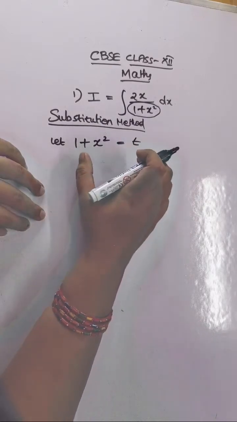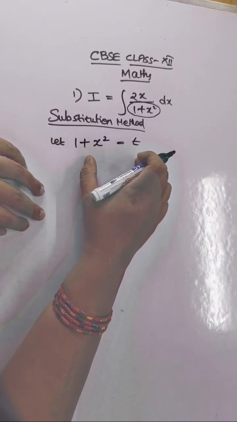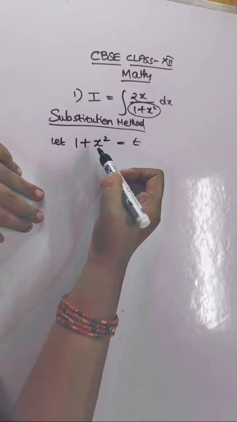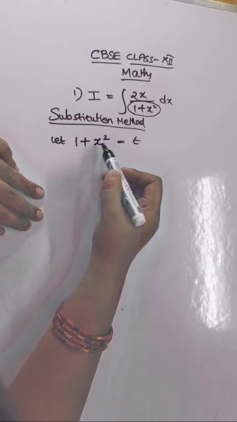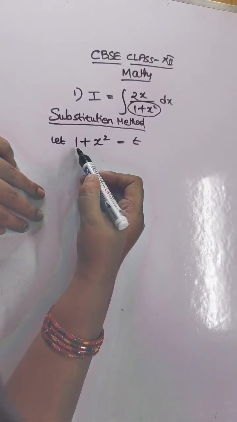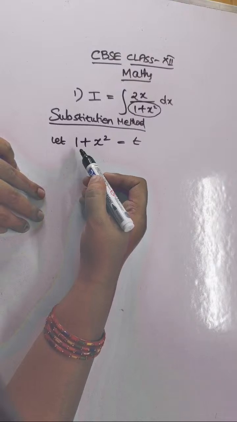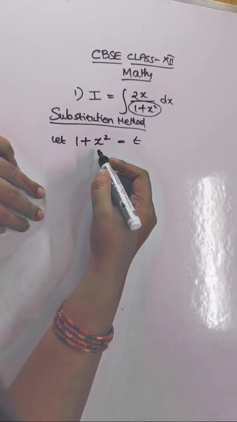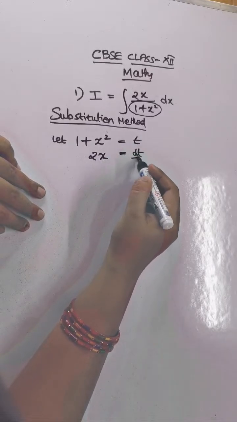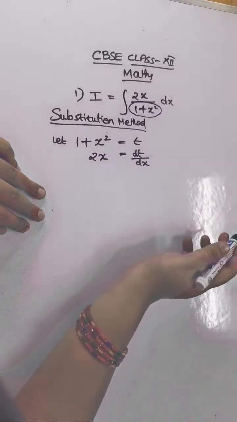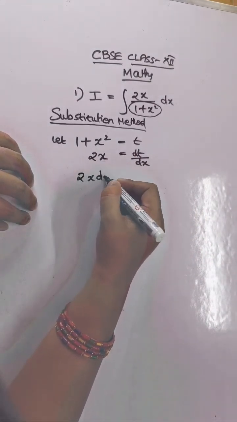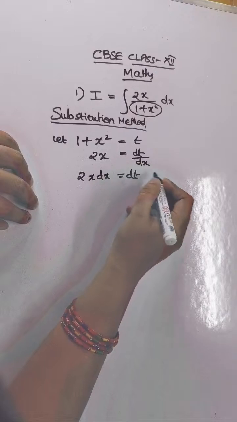Now I am going to find the derivative of the denominator. What will I get when I differentiate with respect to x on both sides? The constant becomes 0, x square becomes 2x, and t becomes dt by dx. Now cross multiply, so I will get 2x dx as dt.